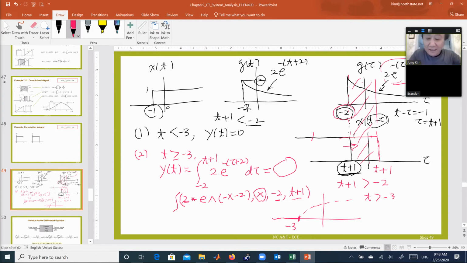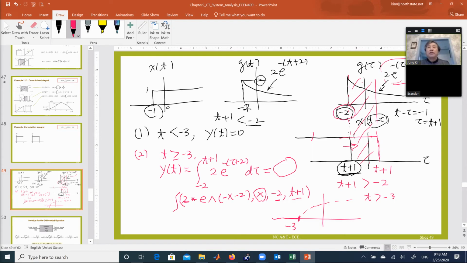I think I understand that convolution is not an easy job, but unfortunately you have to do it because you have to understand it. In electrical engineering, as I told you before, convolution and correlation are the most important functions.